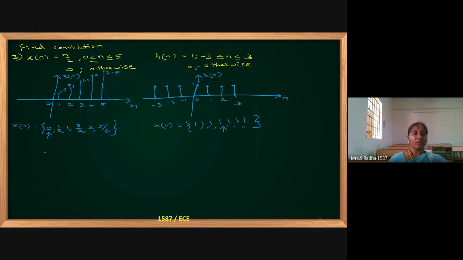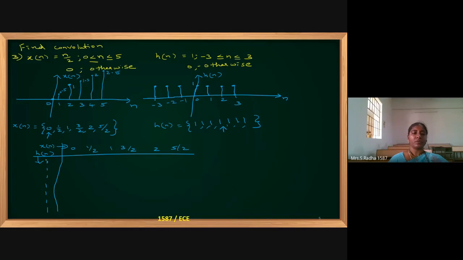Now go with the tabular method. This is x of n, one signal horizontal, and h of n, another signal vertical. The elements are 0, half, 1, 3 by 2, 2, 5 by 2, and here we have 7 elements: 1, 1, 1, 1, 1, 1, 1.